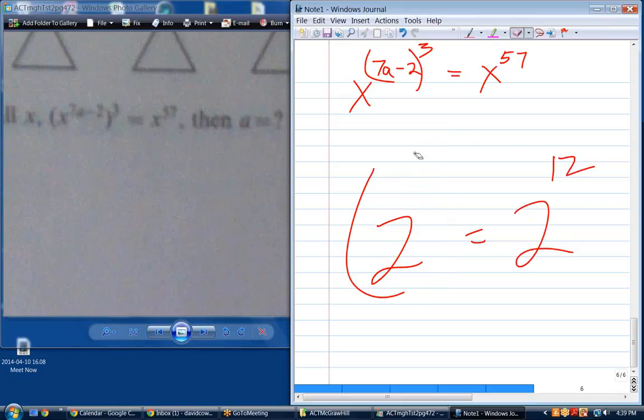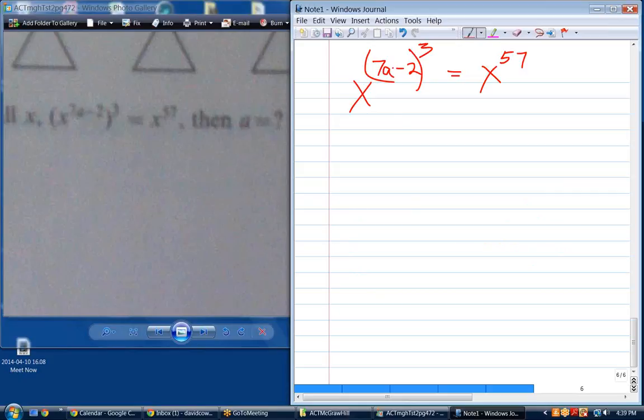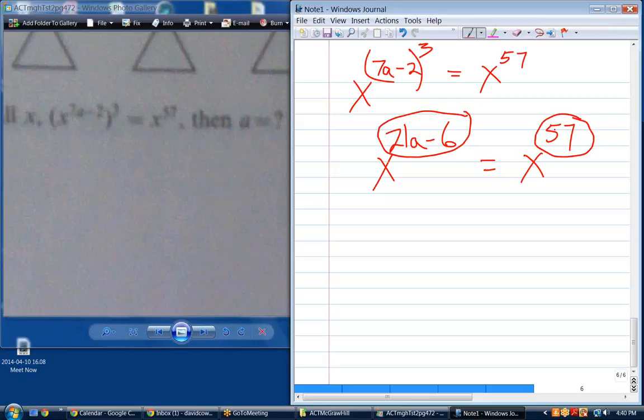So simplify the left side of this equation for starters. Then 7 times 3 would be 21a. X to the 21a, what else? Then you do, would it be minus 6? Uh-huh. X to the 7? Now, what can you say? If x to one exponent equals the same x to a different exponent, what must be true?